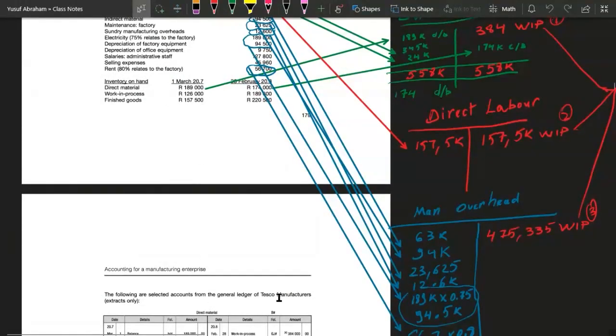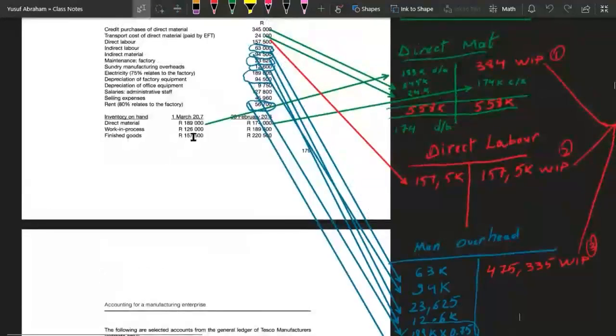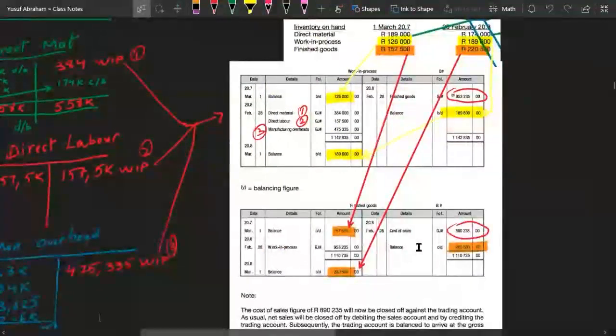So that will be the beginning balance for this year's work in process. Okay. And then finished goods has an opening balance and it also has a closing balance for this year. Is that so? That's exactly what is going to happen here.